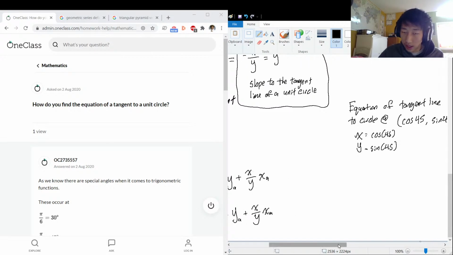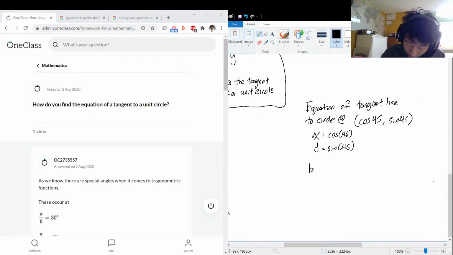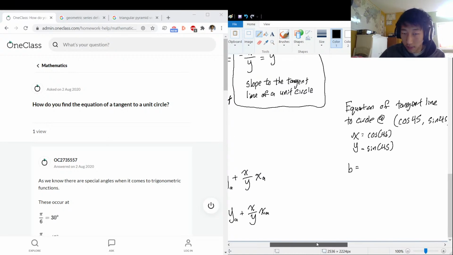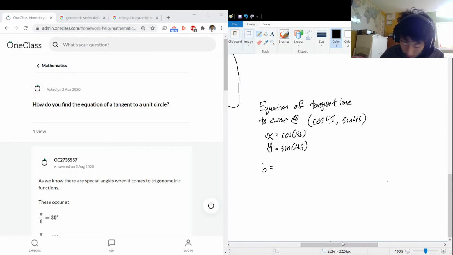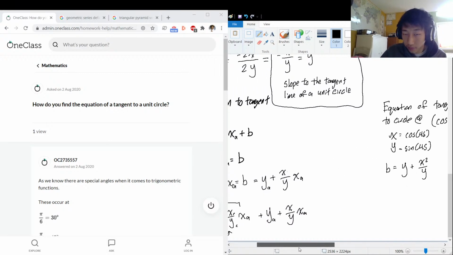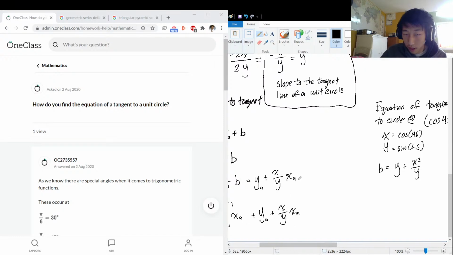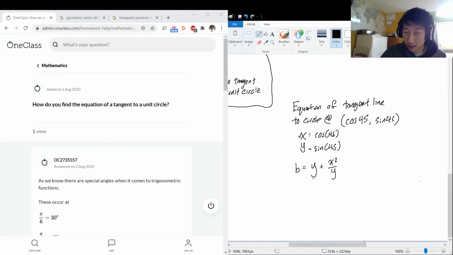So we know that we're looking for the b value, and that's equal to y plus x squared over y, right? Yep. We're actually going to compress the xa and the regular x because we're going to take these points into consideration for calculating the point.